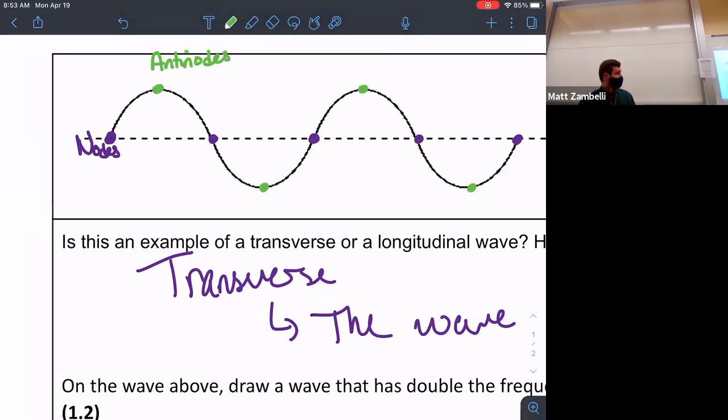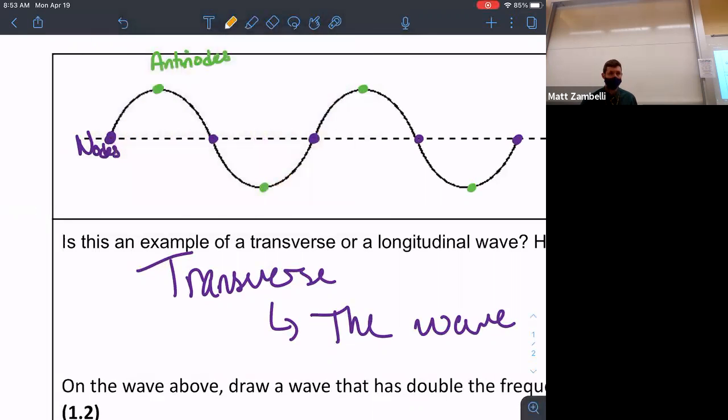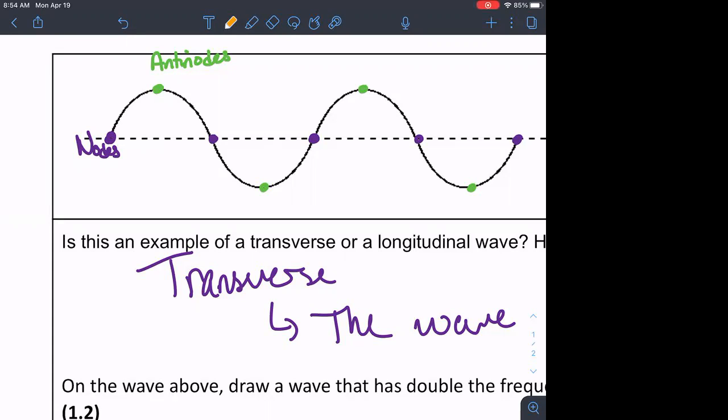All right, if we have our nodes, we have our antinodes, we have our amplitude. Where's our amplitude? It's the height of the wave.